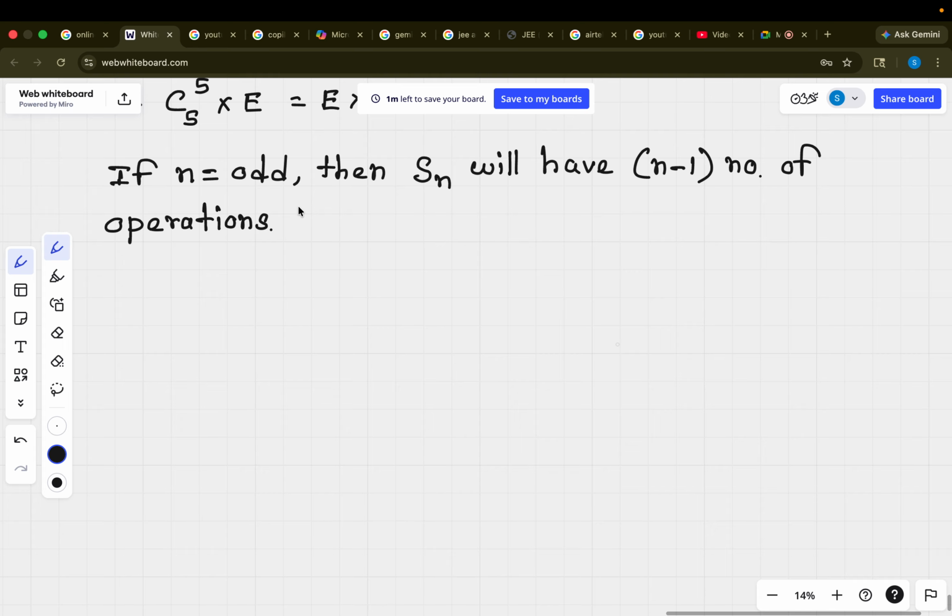So if n is odd, then Sn will have n minus 1 number of operations. Okay, so you can write it down easily.